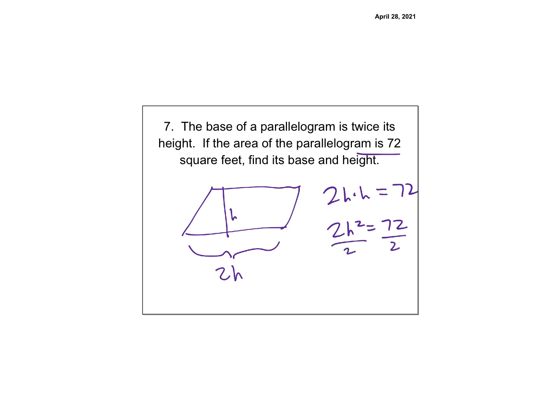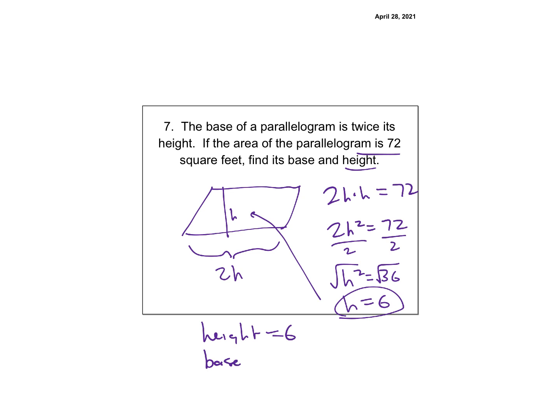A little algebra, square root. My height is 6. What's the base? Well, the base is double, so the base will be 12. That's it. Good challenge problems on those last two.